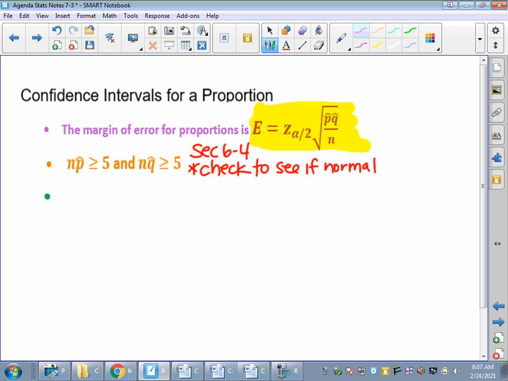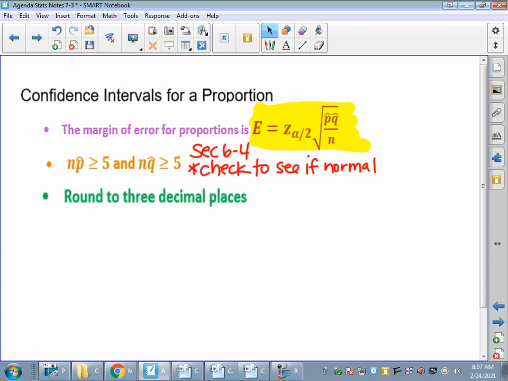I'll do the checks first and make sure that they are. But that does have to be true. It depends on how big our sample size is and how big our p hats are. And for these problems, we are going to round to 3 decimal places. Just make it standard. If it comes out to something less, great, but typically because there's that square root, we're going to have irrational numbers.